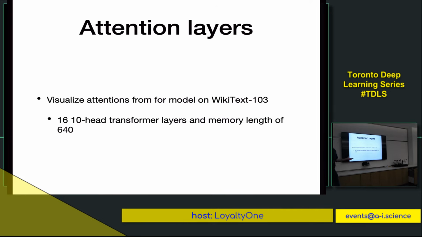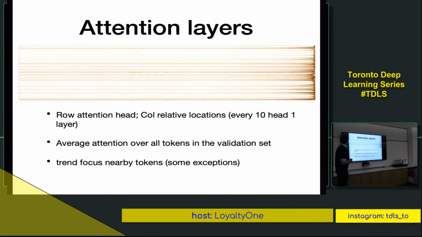And we can now look at a few of these attention layers to understand what they're doing. Sometimes they're really rather easy, sometimes they're more difficult. Here I think this one is a bit harder. On WikiText-103, they have 16 layers with 10 heads each, so a total of 160 attention heads.